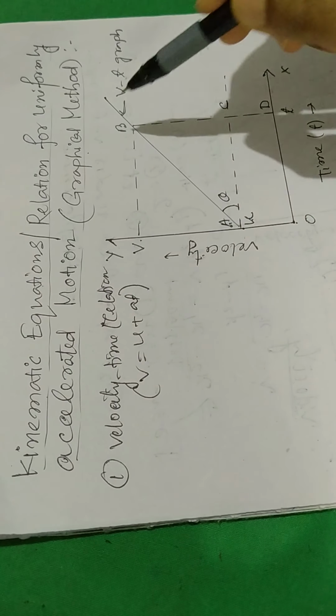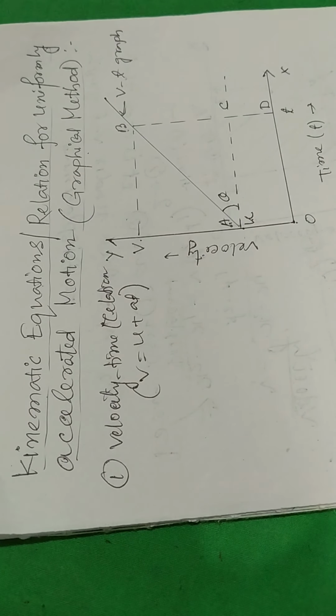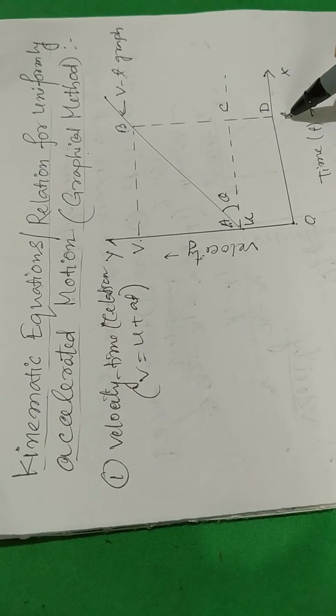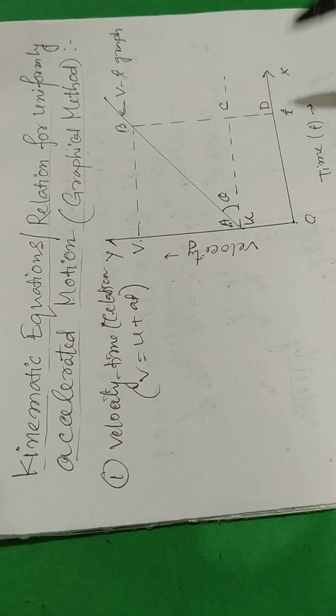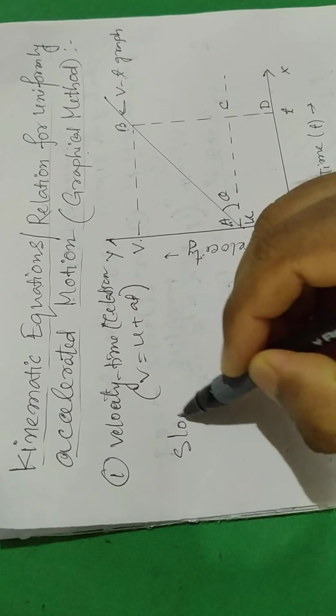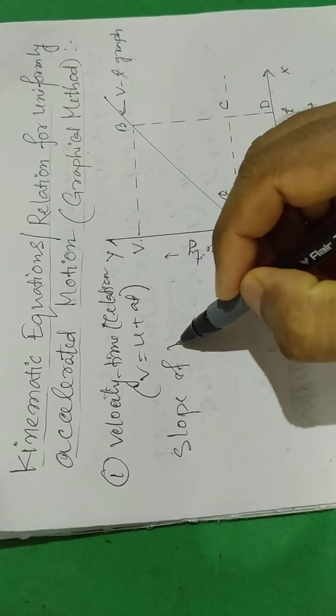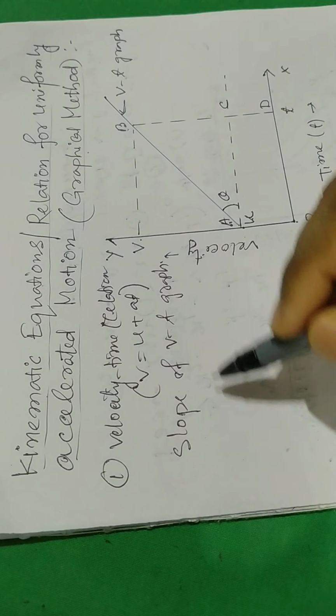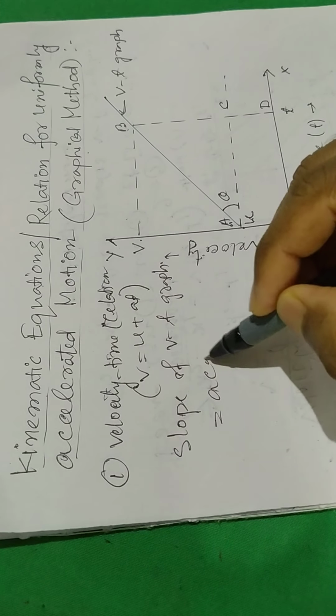Let A and B be the two points on the VT graph corresponding to time t equal to 0 and t equal to t respectively. So the slope of the VT graph is equal to acceleration.